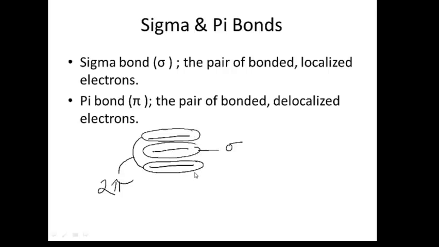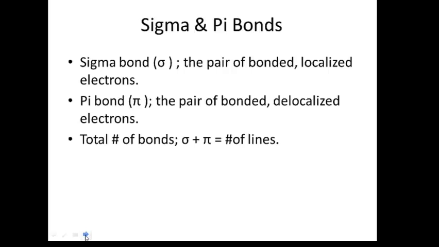The other 2 lines were drawn because you came up short on the central atom, and you had to accommodate that lack of electrons around the central atom with a triple bond. These 2 lines of the triple bond are considered 2 pi. They are the delocalized electrons that move around. The total number of bonds, sigma plus pi, will be equal to the total number of lines in your structure.